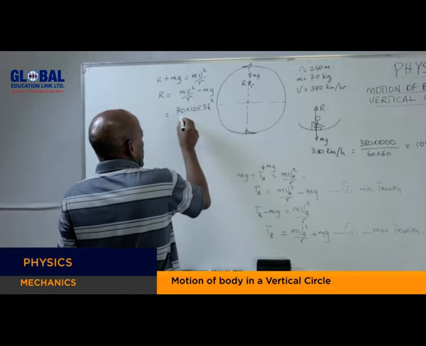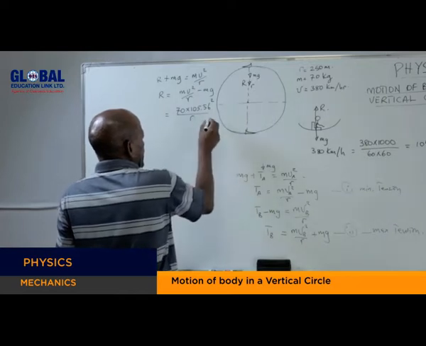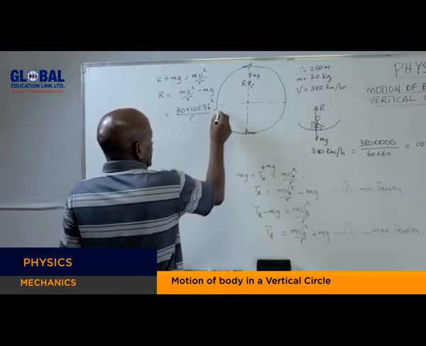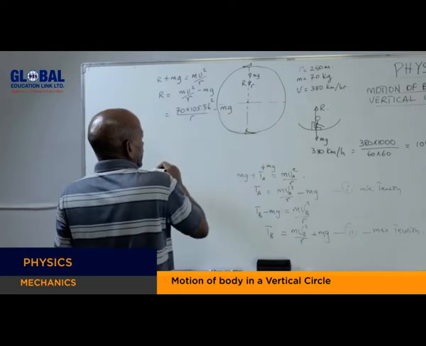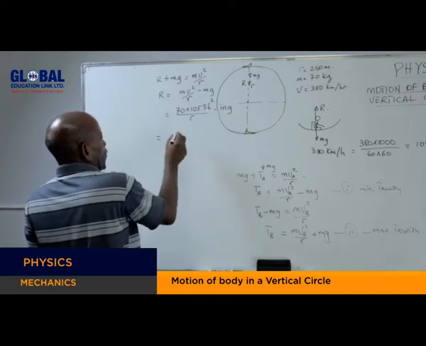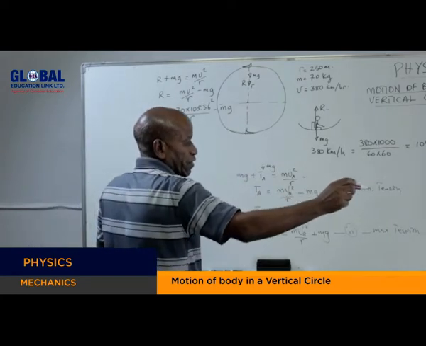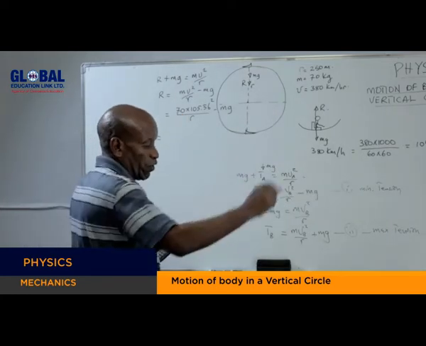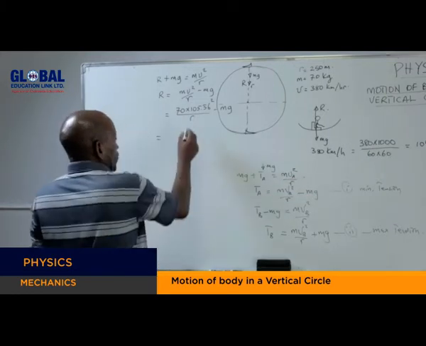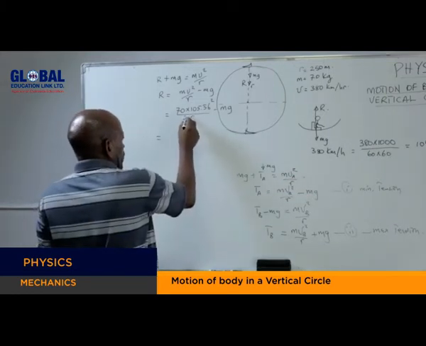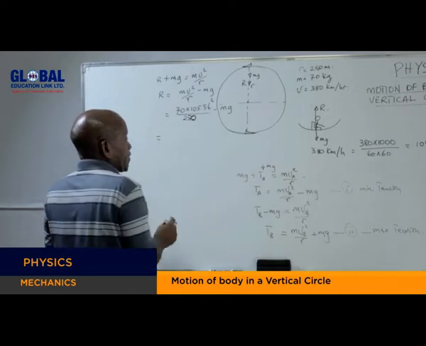So we square this over the radius r. We take this minus mg, and the radius given is that the loop has a radius of 250, so instead of r here, this is 250 meters.